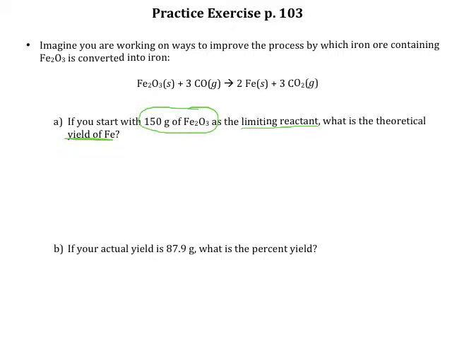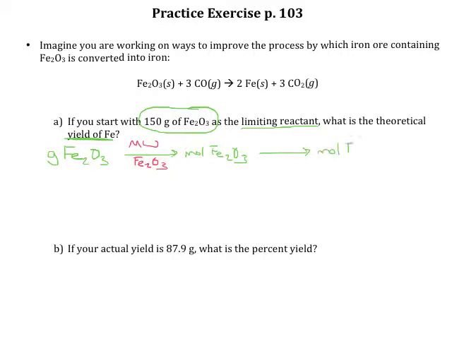Again, before I start any problem, I want to have a game plan. I want to think through what my calculations are going to look like. I know that I'm starting with grams of iron oxide. The only thing I know how to change grams into is moles. I do that using the molar mass or the molecular weight from the periodic table. I know that I'm ultimately going to want my answer in terms of iron.